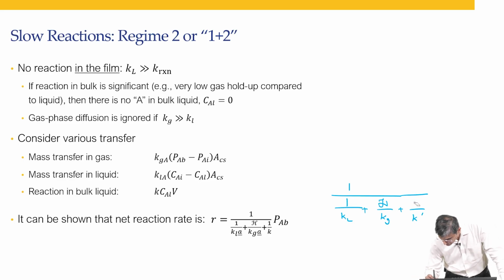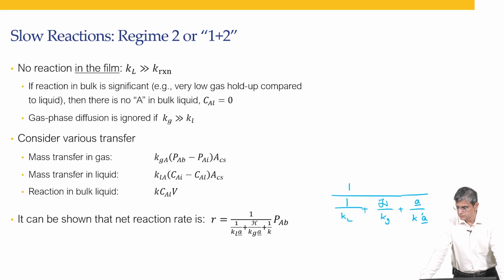Right. So that's how this comes into the picture. Your K is then defined in that way. Okay. So that's the reason why A comes over here.